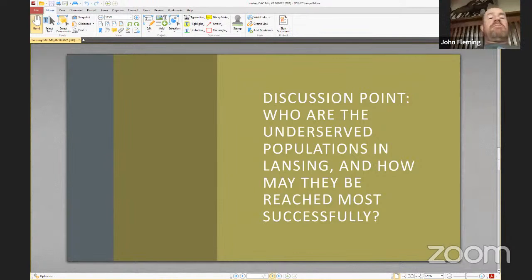And I know we talked about this before, and we're going to talk about it at each meeting until we feel like we've done it well: some of the underserved populations in Lansing, how do we make sure we reach out to them? What successful or unsuccessful things have you done in the past?